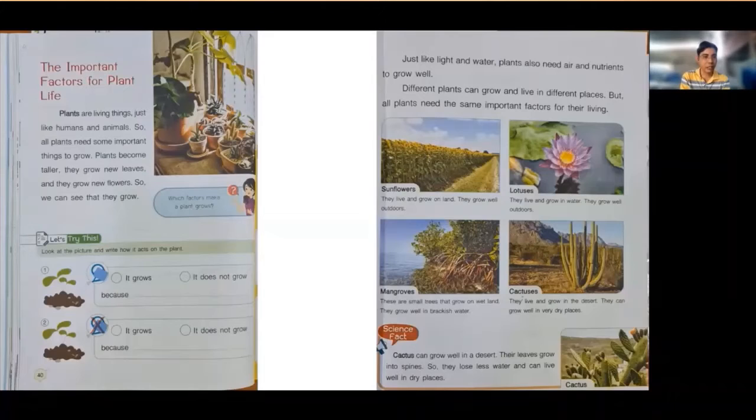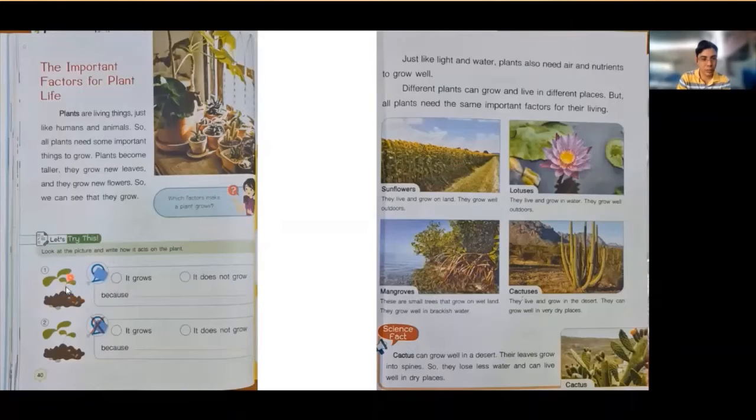Plants are living things, just like humans and animals. They need water and sunlight to grow. Let us answer the exercise below. Do you see this one? Like I said, plants are living things, and there are some factors that are very important for plants to live.